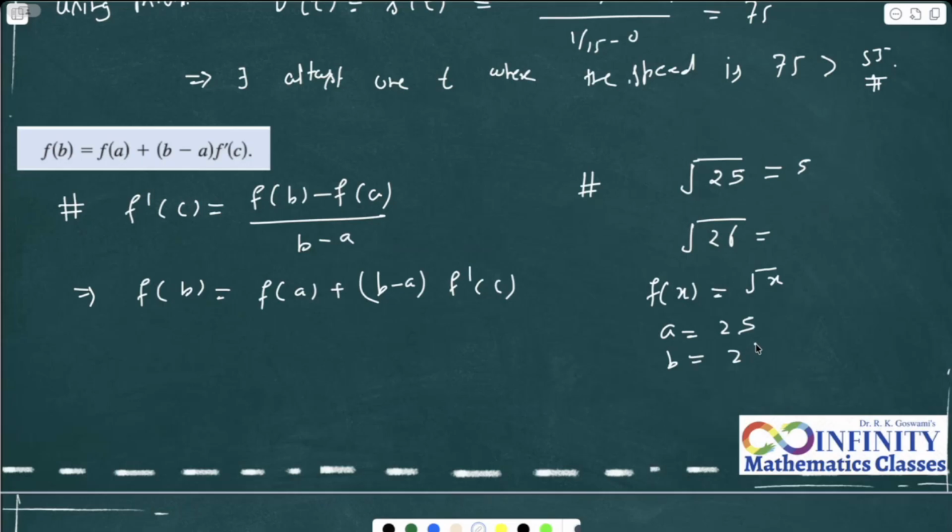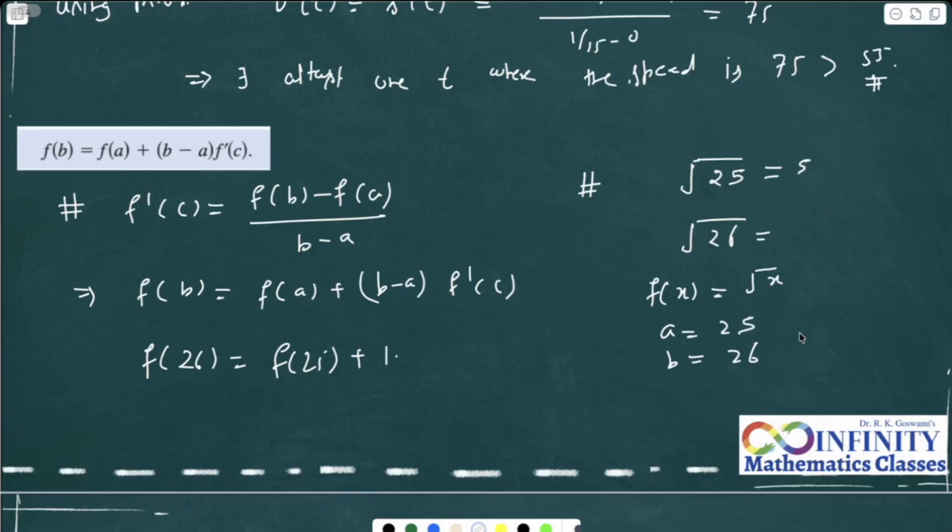So in a similar kind of approximation, F26 is going to be F25 plus B minus A times the derivative at C. B minus A is 26 minus 25, which is 1.